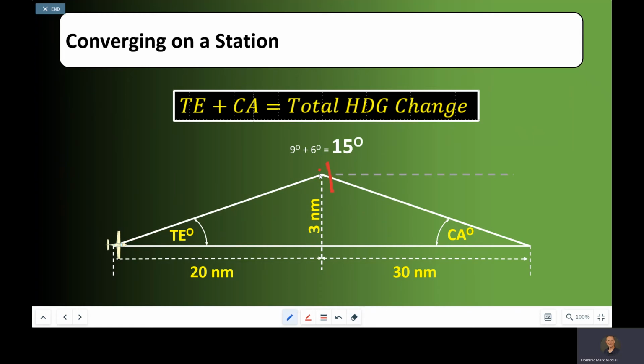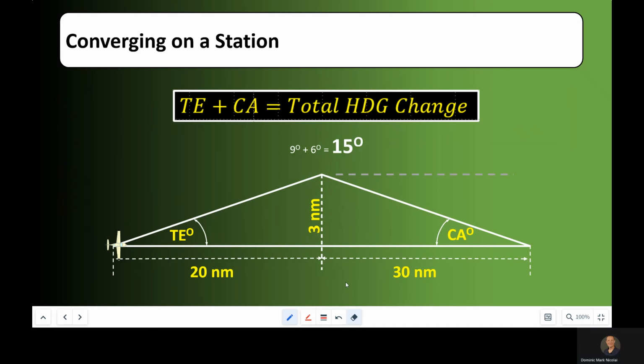If the pilot simply turns 9 degrees at this point, they would simply parallel the course line. That's why they need to turn an additional 6 degrees in order to now fly to whatever fix this is. So the answer to this problem would be 15 degrees of heading change. In this case, it's a 15 degrees heading change to the right.